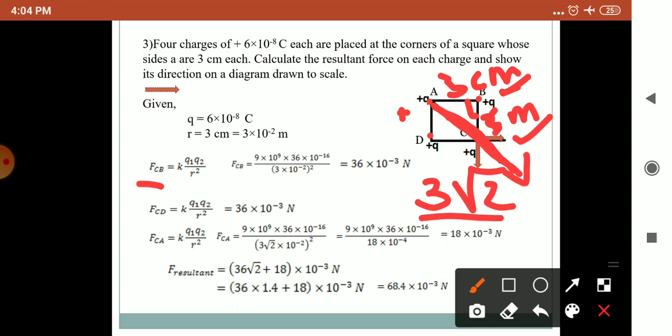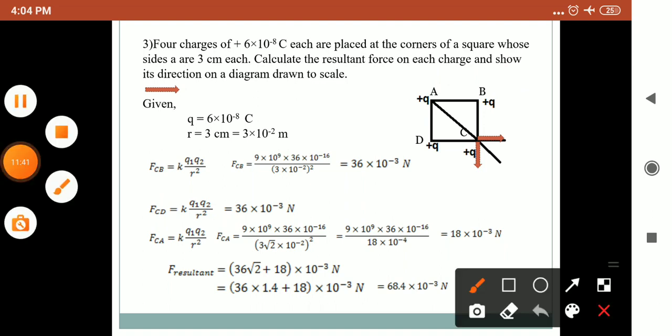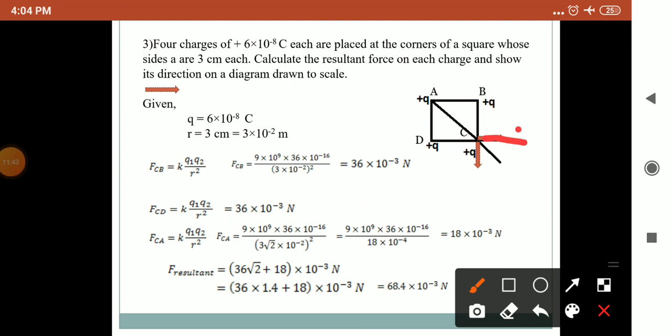So the force FCB will be given by the same K into Q1 Q2 upon R square. Then another force from this line. As all are positively charged, there is a force of repulsion between them. So along CB both will repel each other, so it will give in this direction.